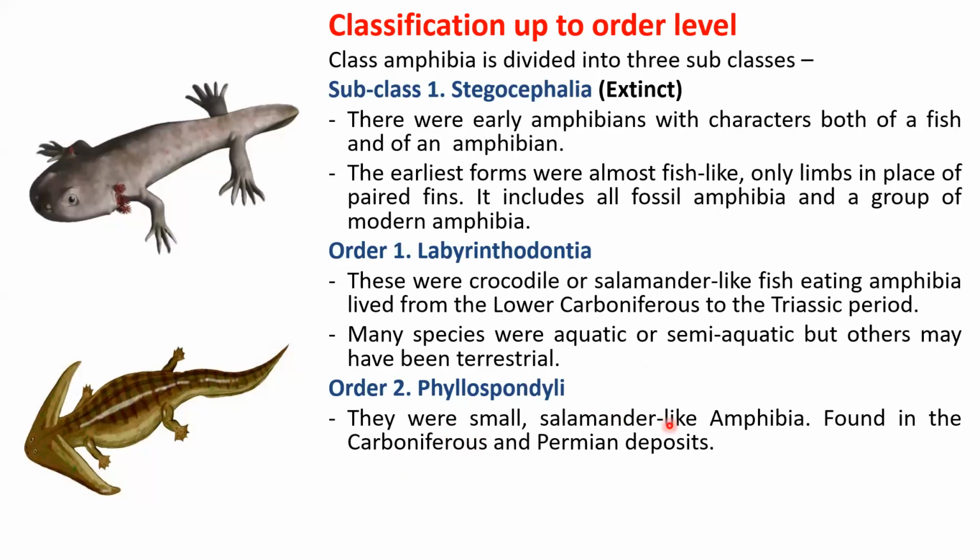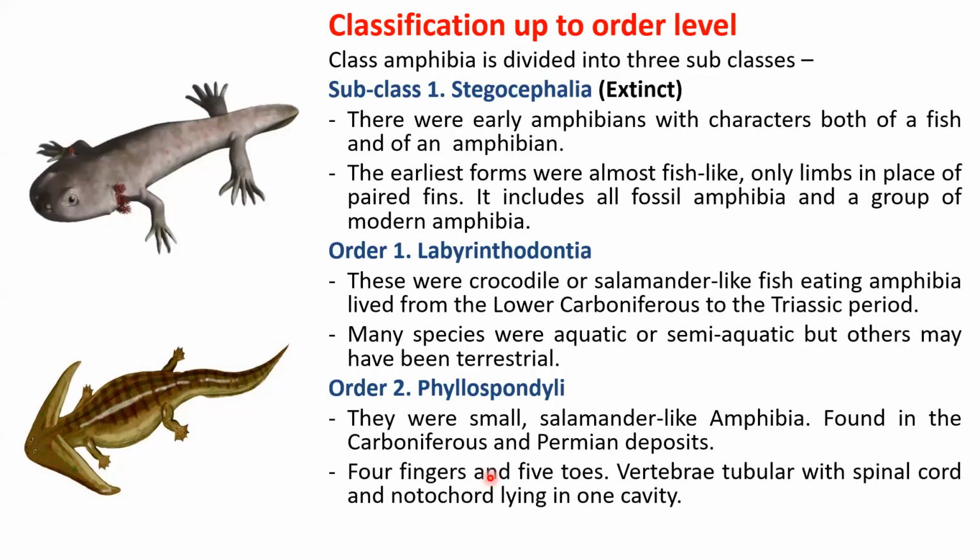So during this period, these types of amphibians are found. It is noted that the structure of their body is salamander-like, and they are found in this particular period. Then four fingers and four toes are present in these amphibians. The vertebrae are tubular, with the spinal cord and notochord lying in one cavity.